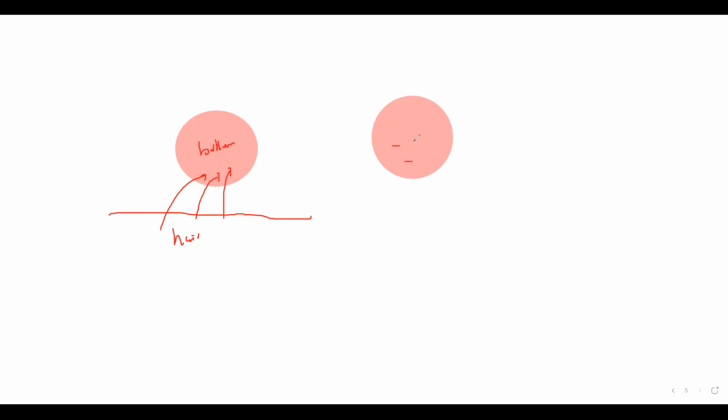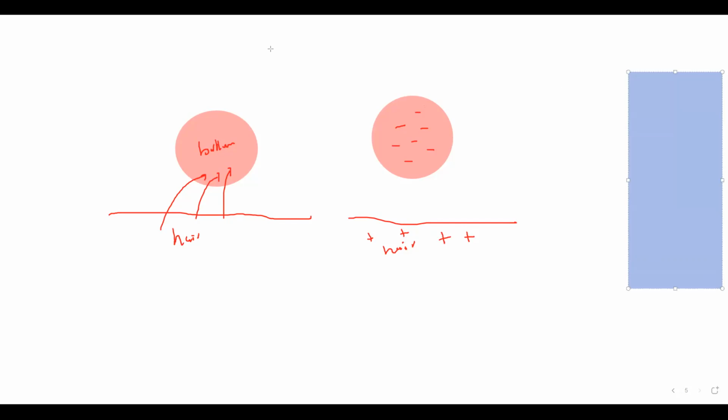So when there is a transfer of electron, the balloon will get a negative charge and the hair will get a positive charge. And then you can stick this balloon to a wall after rubbing with your hair. For example, if this is a wall and you place this balloon, it causes electrostatic induction.